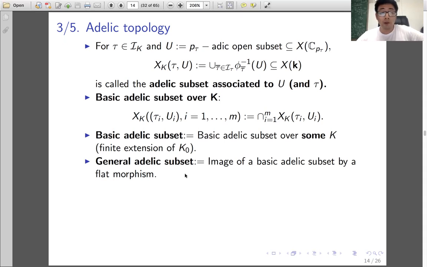Then we define a general adelic subset to be the image of a basic adelic subset by a flat morphism.